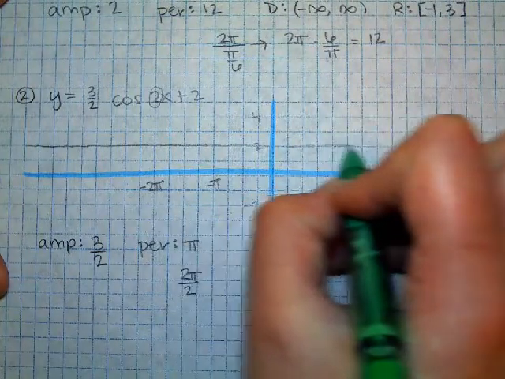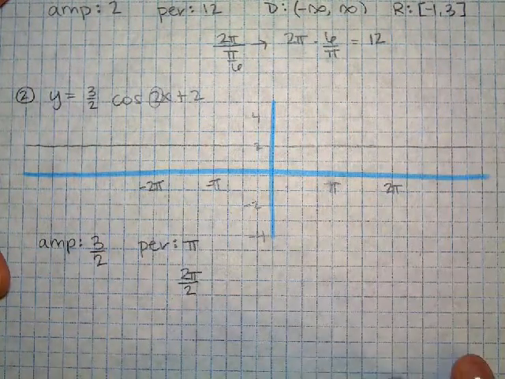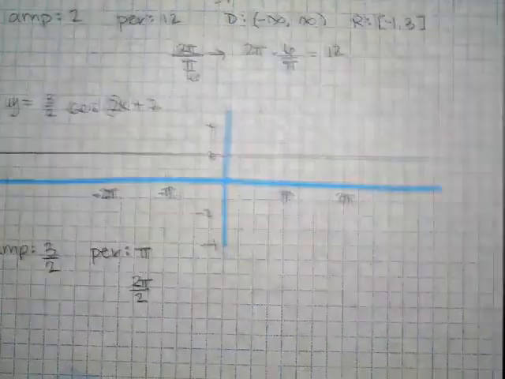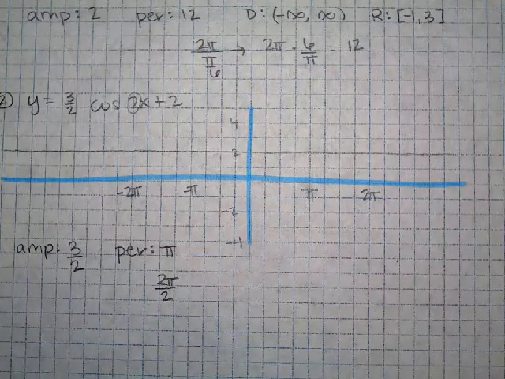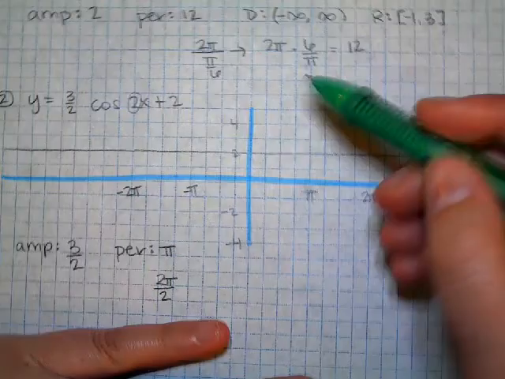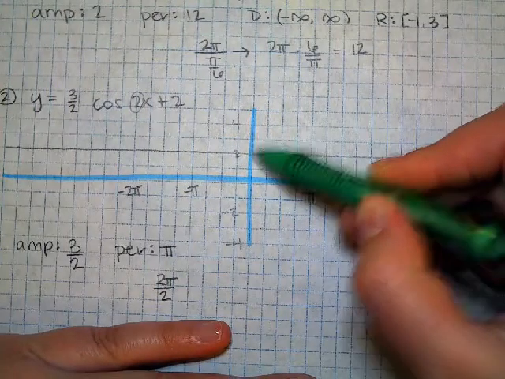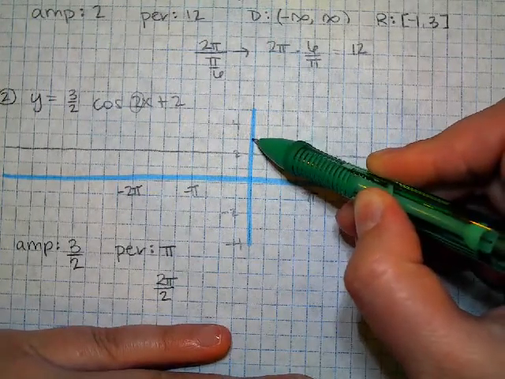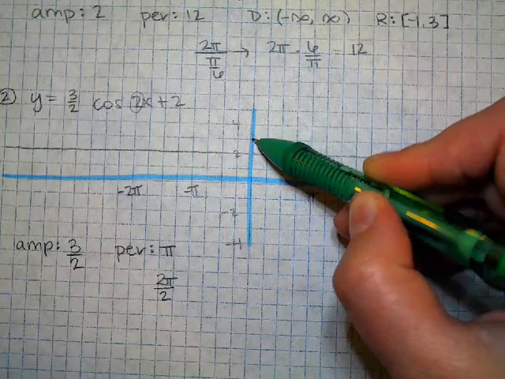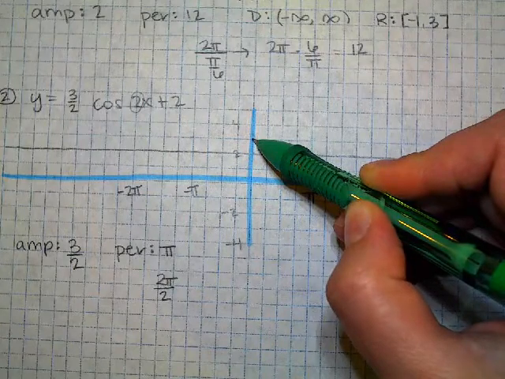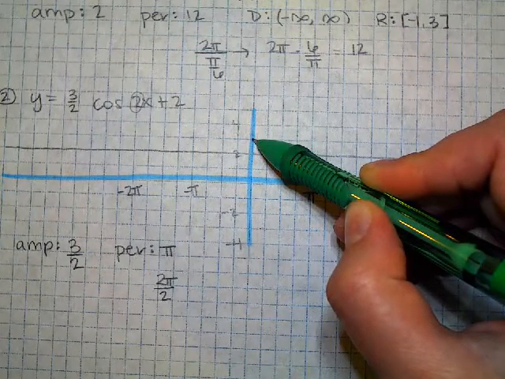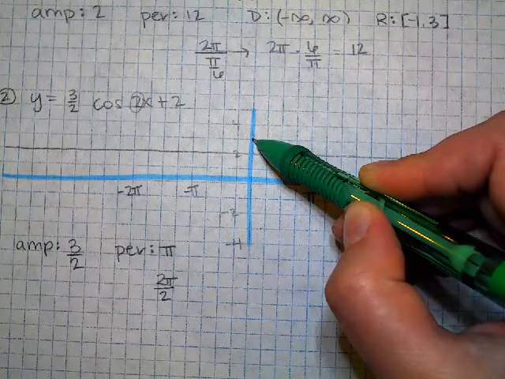All right, so a normal cos graph would say if this is the middle, I should start at up 1. That's a normal cos graph. But this is not normal. Oh no. It says 3/2. What is 3/2? 1 1/2 or 1.5.